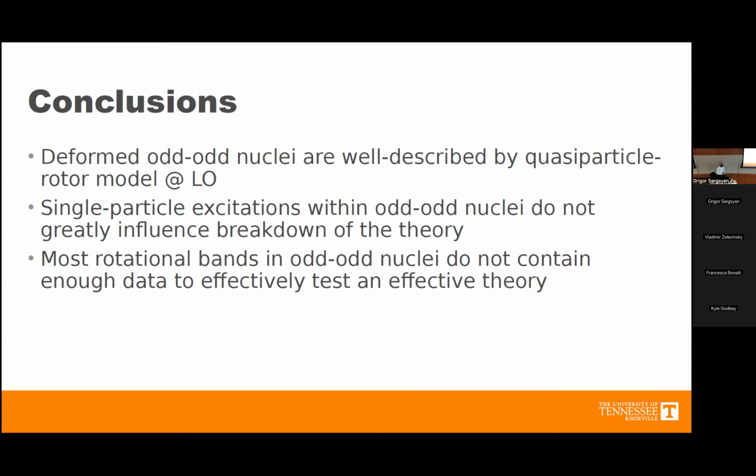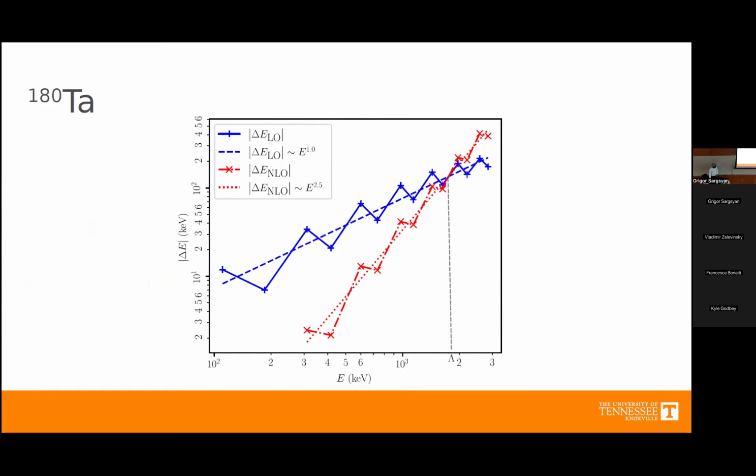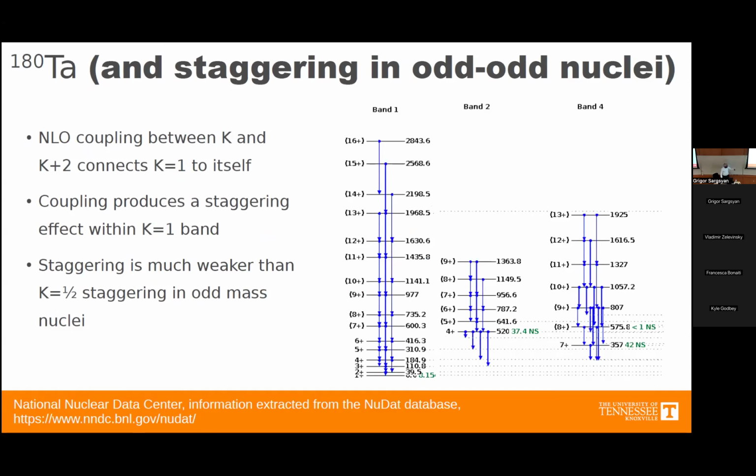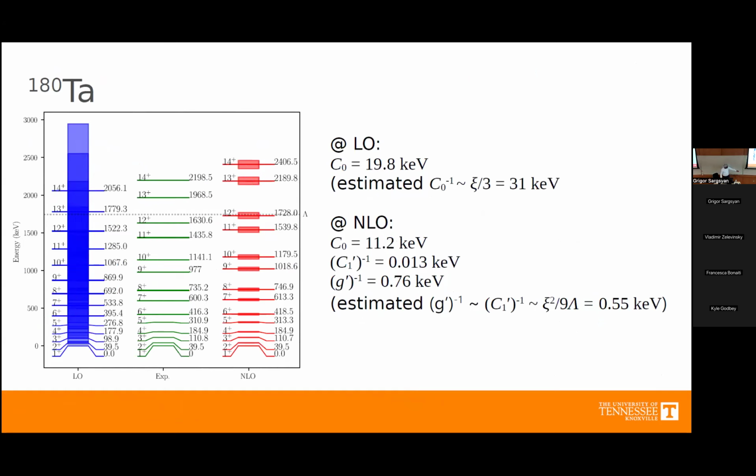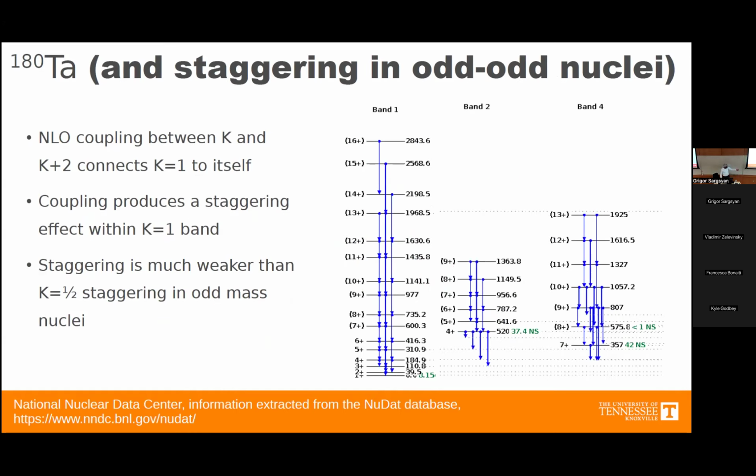The single particle excitations described by that scale, or the average spacing between rotational bands in the spectrum of the odd nucleus, turns out not to greatly influence the breakdown of our theory, because when we compare the low energy scale here to this separation, we really don't have a massive separation.